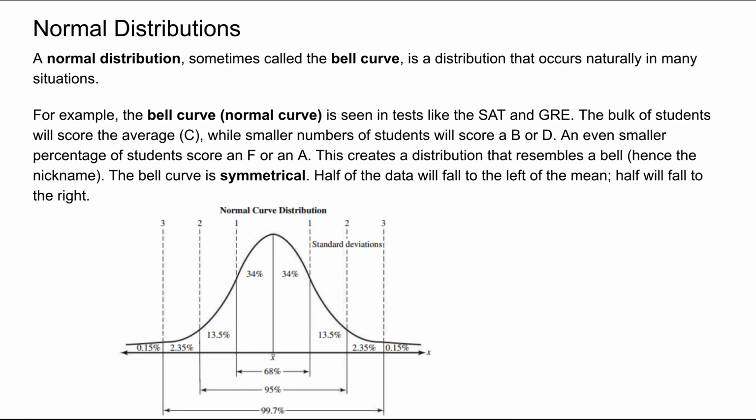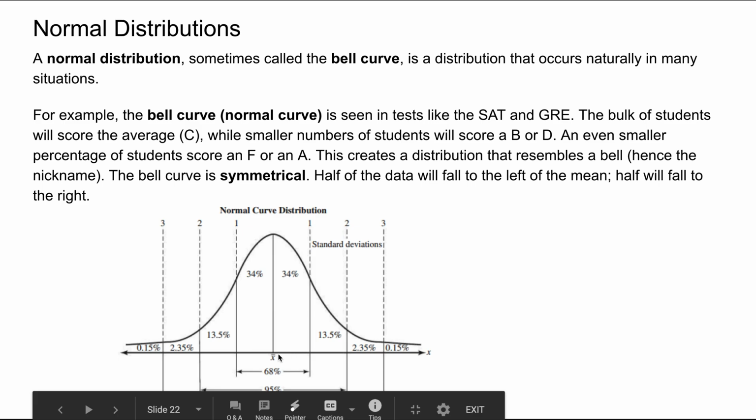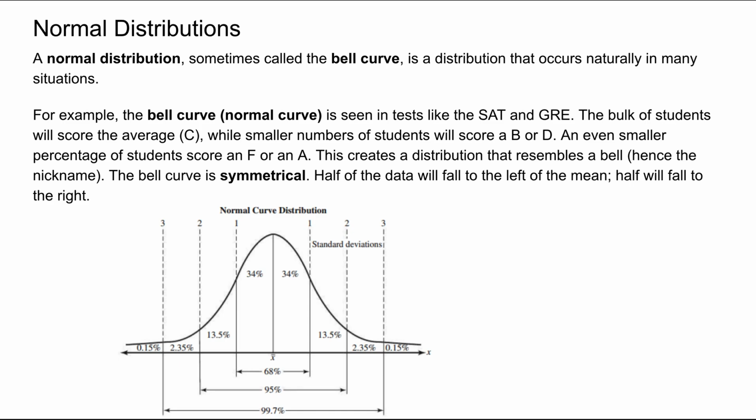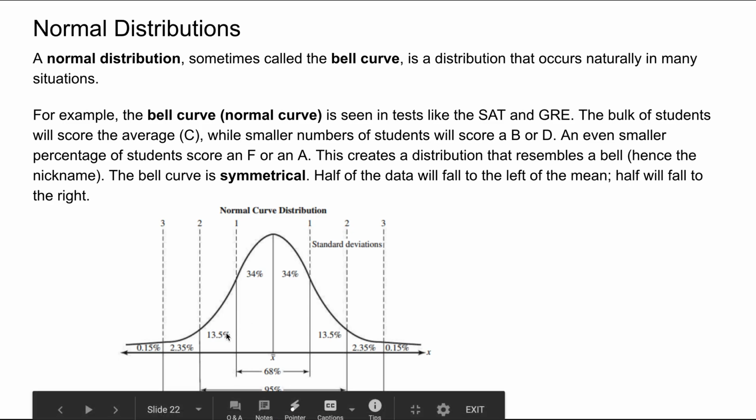Hey, what is half of 95%? Well, we don't even have to do half of it because we know this much is 68%, right? So I want you to do the calculation of 95 minus 68. Then you're going to find the difference between 95 and 68.